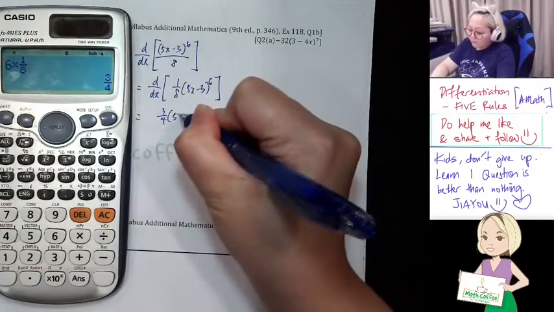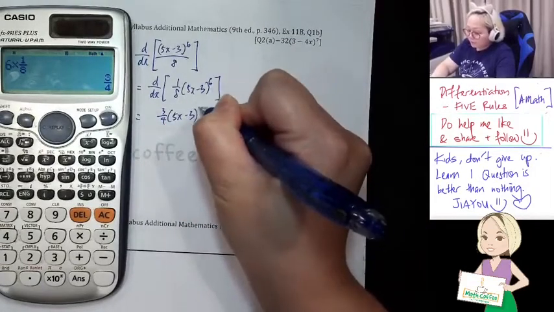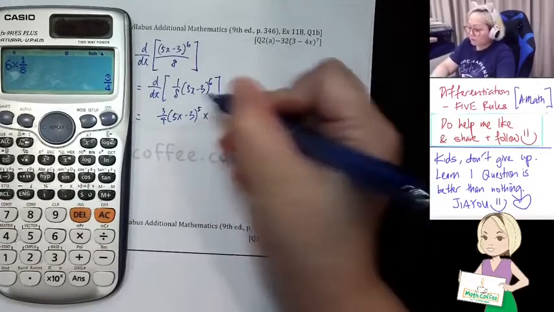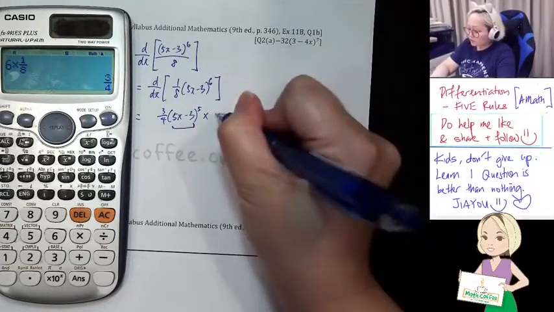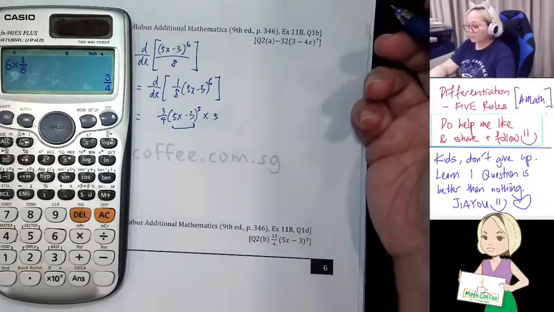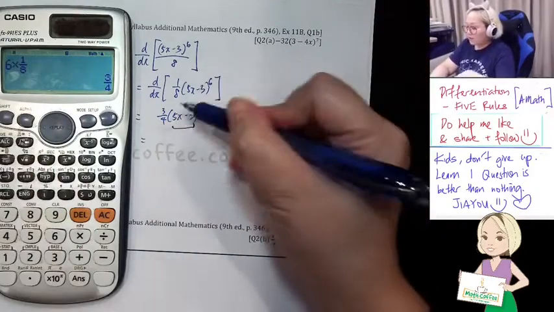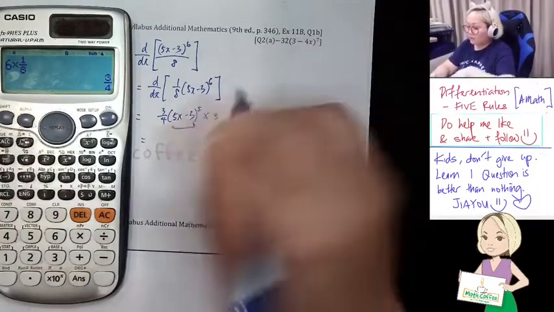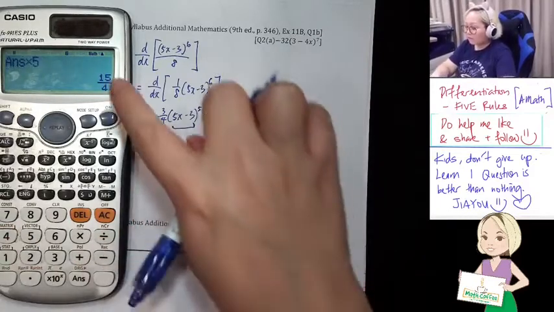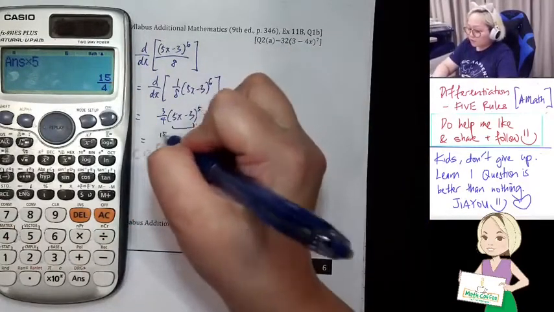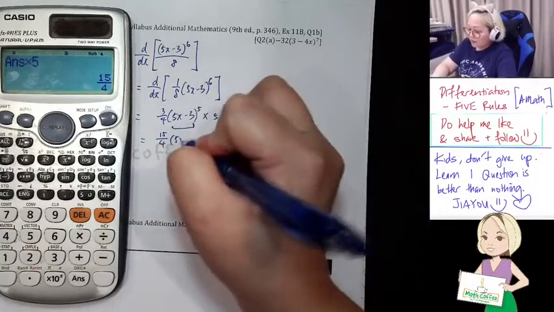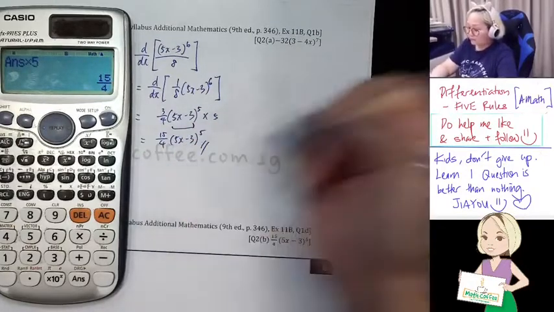Copy the bracket, power minus 1. Multiply by differentiate inside, which is 5. Then simplify: 3/4 times 5 gives 15 over 4. So you write it as 15 over 4, 5x minus 3 to the power of 5. Done.